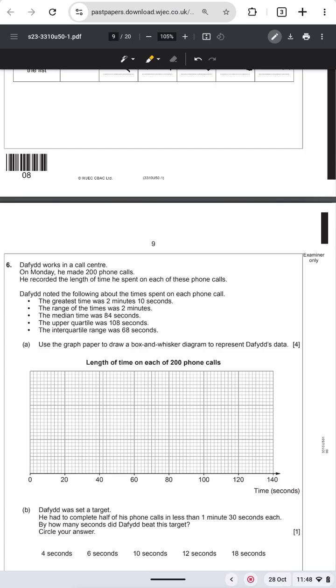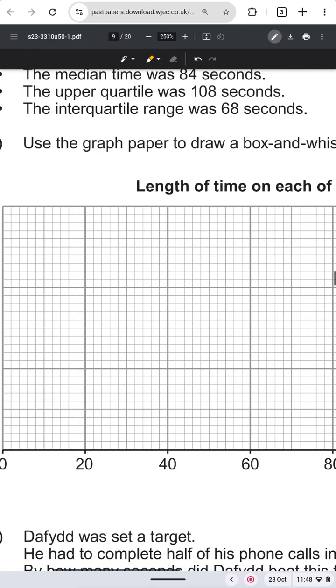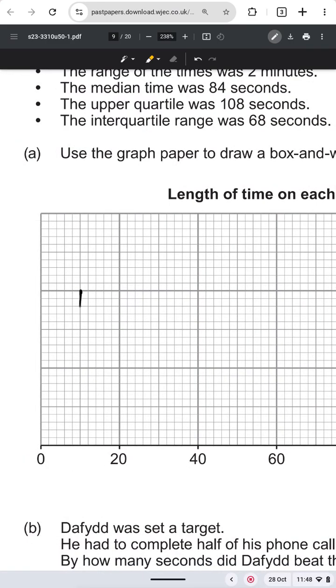So let's start off. Greatest time, 2 minutes 10, so that's the equivalent of 130 seconds, so we can draw a line at 130. The range was 2 minutes, so that means the shortest amount of time was 10 seconds, because if the largest was 2 minutes 10, take 2 minutes off that. So we need to put another line here.